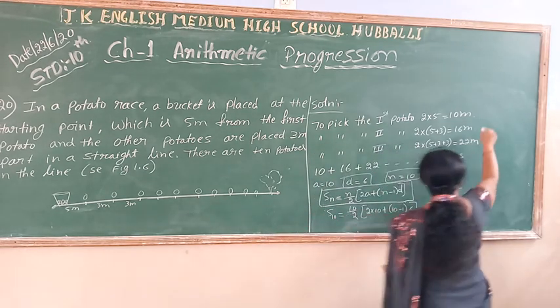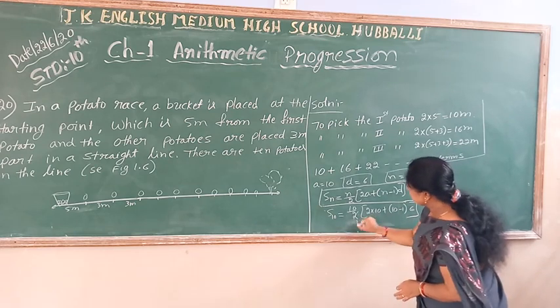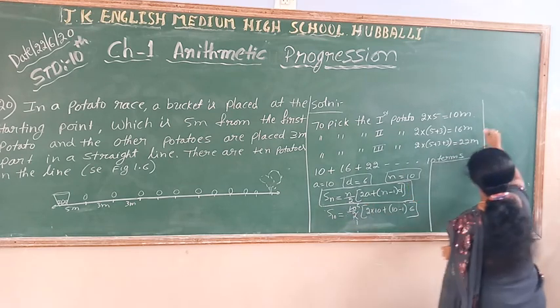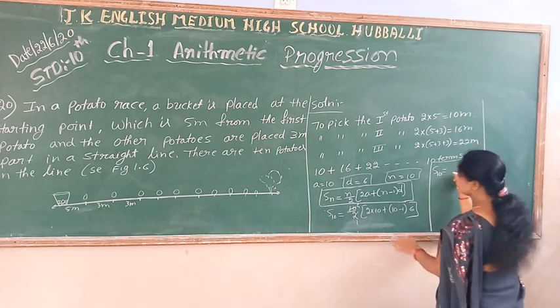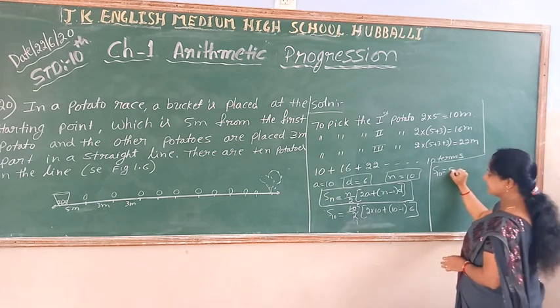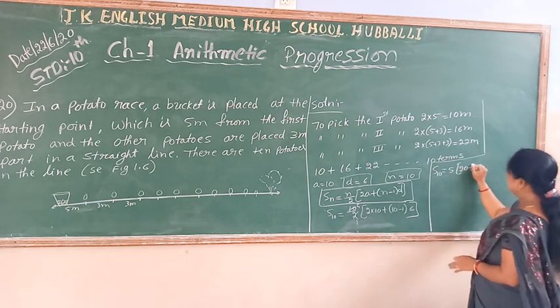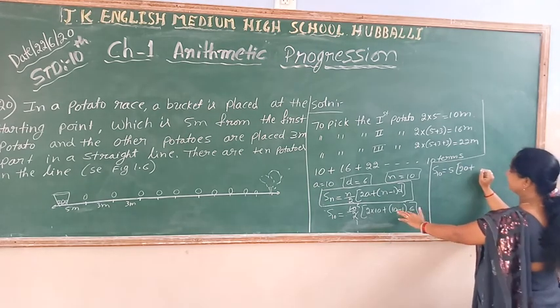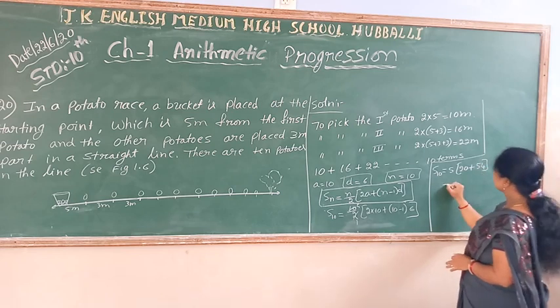Simplify after substituting all the values. Now 2 5s are 10. Sum of 10 potatoes, how much distance she has to cover? So 2 10s are 20. 10 minus 1 is 9. 9 6s are 54. Add and simplify now.